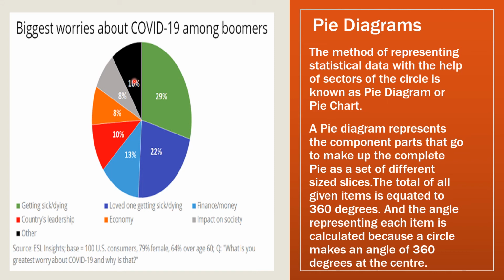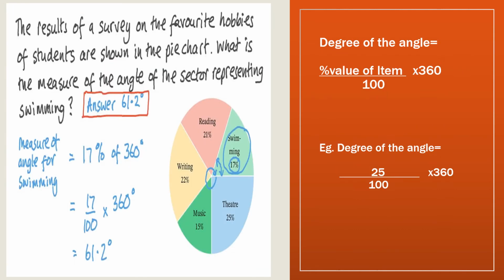So that is how you can represent various aspects of our data or subject of our study with the help of a pie chart. Now suppose you are given the percentage value of an item in a table and you have to convert it to the degree of the angle. We have a formula for that. We take the percentage value of the item divided by 100, obviously, because when you're talking about percentages, it is over 100.